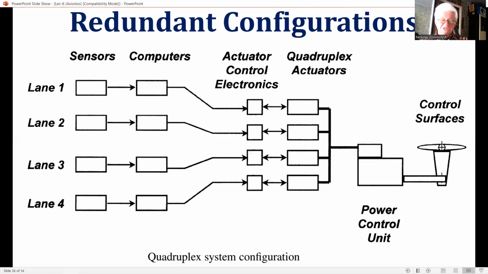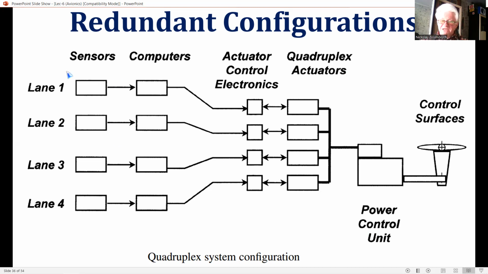A well-established redundant configuration comprises 4 totally independent channels of sensors and computers in a parallel arrangement, to give the required failure survival capability. Such a configuration is referred to as a quadruplex system.